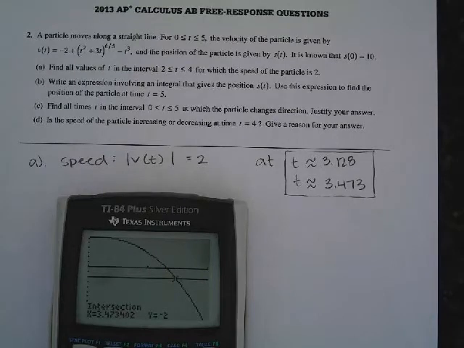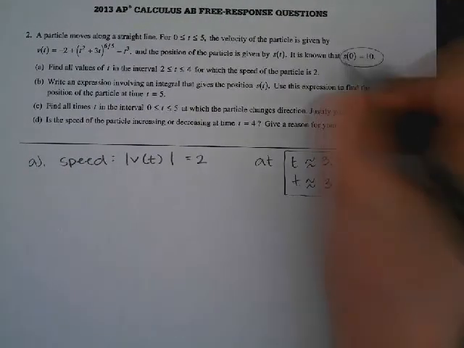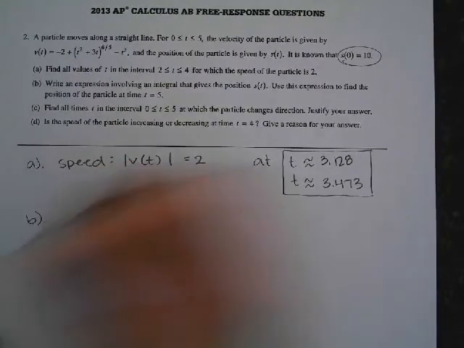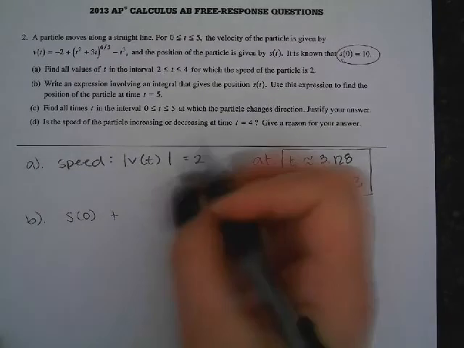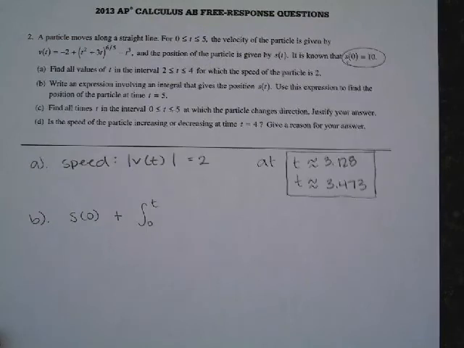All right, next says to write an expression involving an integral that gives the position, s of t, and then use this expression to find the position of the particle at 5. So we're going to have to use that s of 0 equals 10 that was given in the problem. So I'm going to say s of 0 plus the integral from 0 to whatever time you want. Doesn't matter.